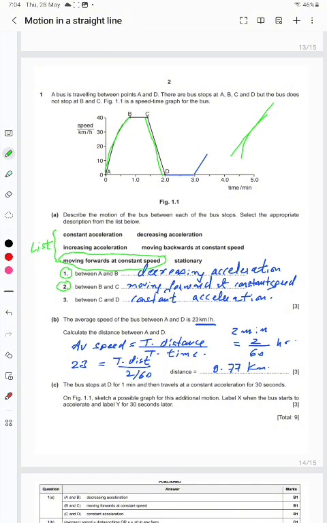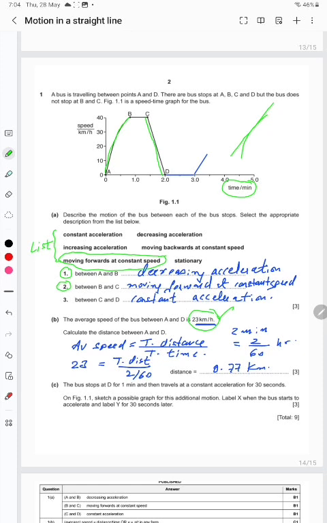Now in part B, the average speed of the bus between A and D is 23, and you have to find the distance between A and D. Since average speed is given to you, you better focus on average speed. Average speed is total distance over total time. Mind that the speed is in kilometers per hour, while the time is in minutes. So there is a trick over here.